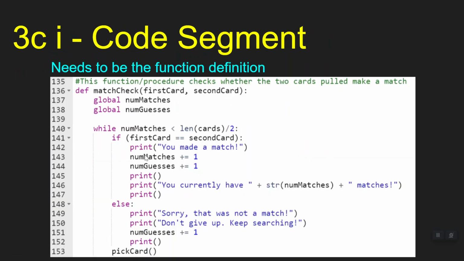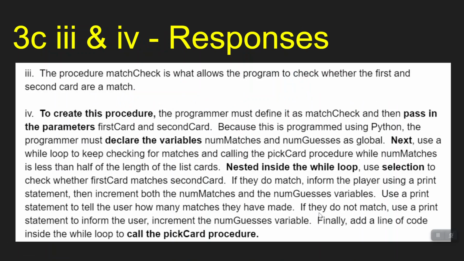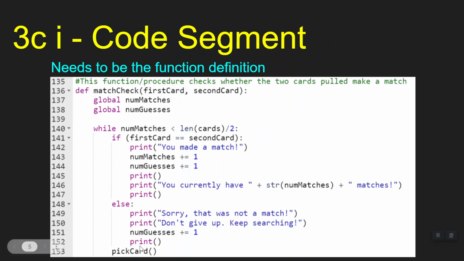So that was my plain language description of lines 142 through lines 147. But then I also have to describe what happens down here. If they do not match, use a print statement to inform the user and increment the num guesses variable. Finally, add a line of code inside the while loop to call the pick card procedure. So that is taking care of this last little bit down here.